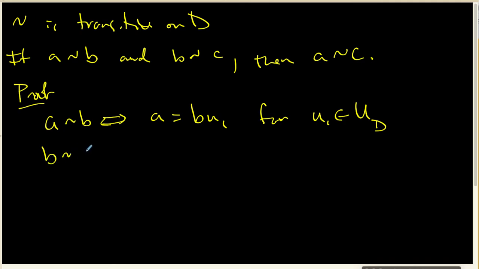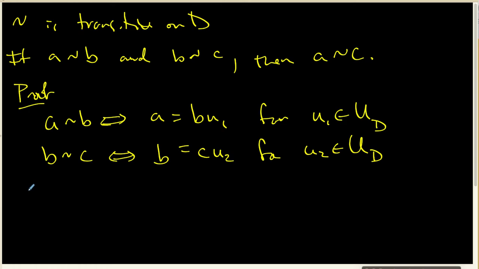B is an associate of C says that B is equal to C times U2 for some U2 inside the set of units. And so what we get then is A is equal to B times U1, but B is equal to C times U2, and then we have that times U1.